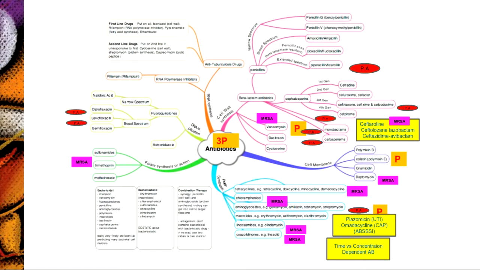And by mentioning the new products in the market, we have ceftolozane tazobactam and ceftazidime avibactam. Both will cover Pseudomonas and will cover ESBL, Klebsiella, and also E. coli, but will not cover MRSA, by the way. Only ceftaroline will cover MRSA from all the beta-lactams.